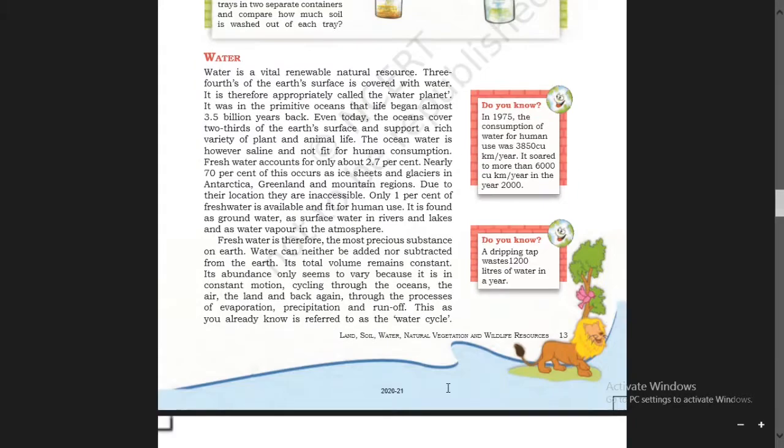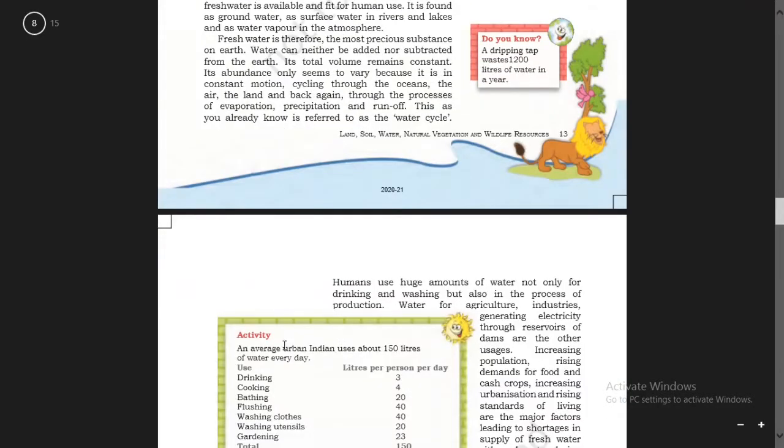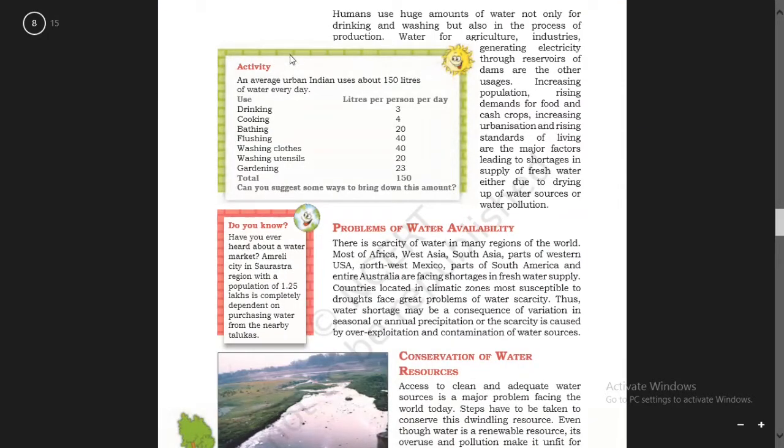Let us see the next page of the chapter, page number 14. Boys, humans use huge amounts of water not only for drinking and washing but also in the process of production.